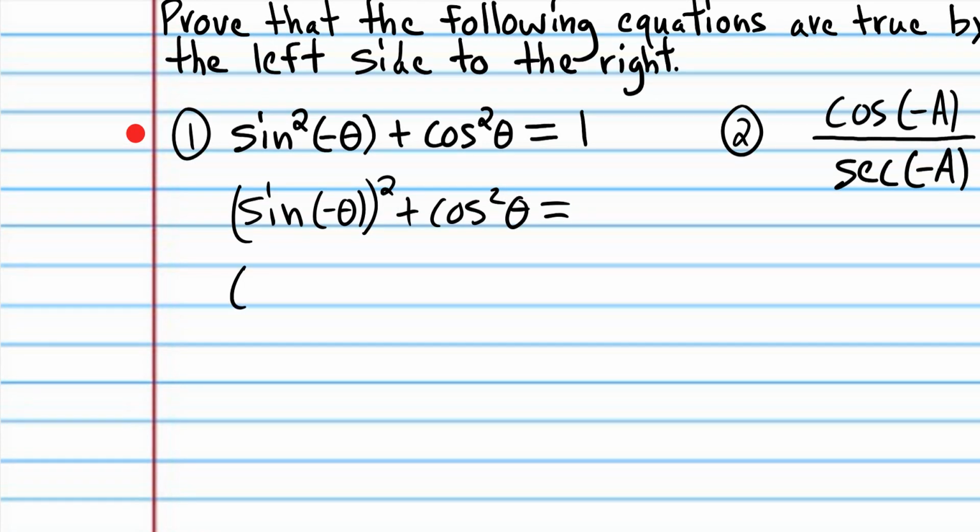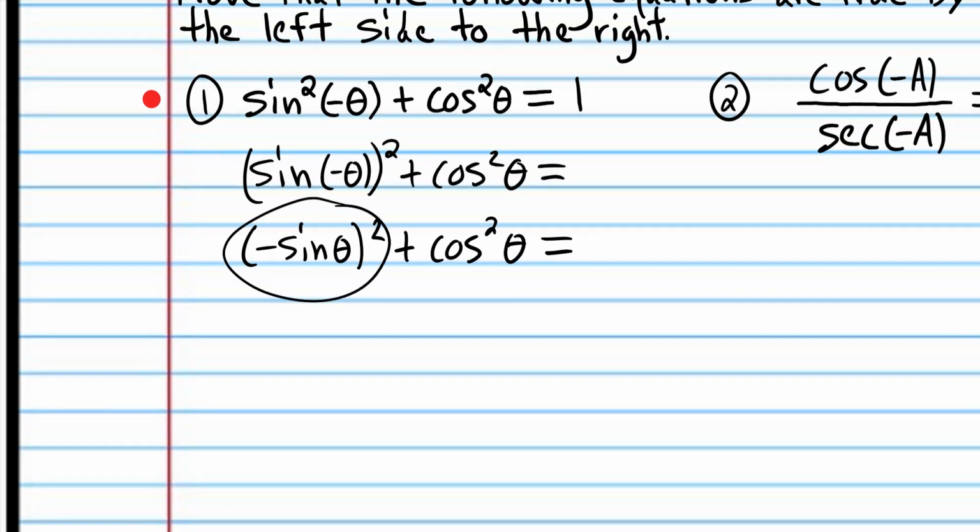So now we're going to use our identity. The cosine of negative theta is equal to negative sine theta. That is one of the opposite angle identities that we just learned. But notice that when you square negative sine theta, let's go ahead and write it out just so you can see exactly what is happening.